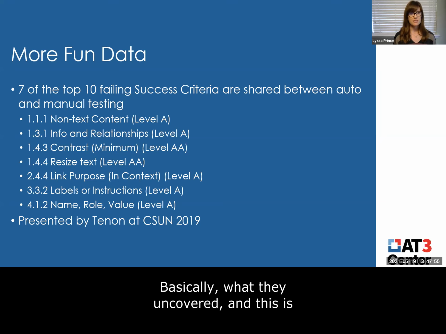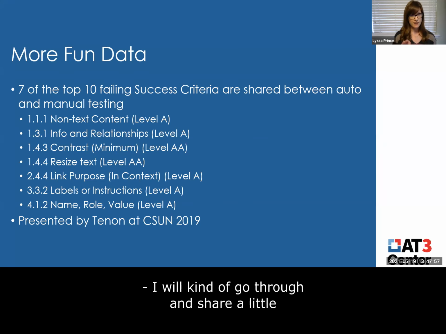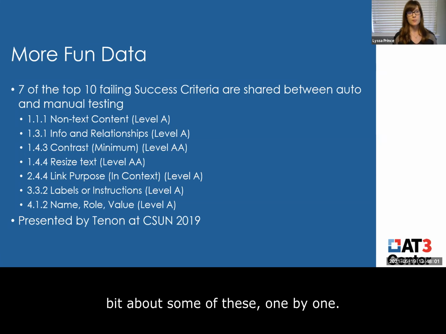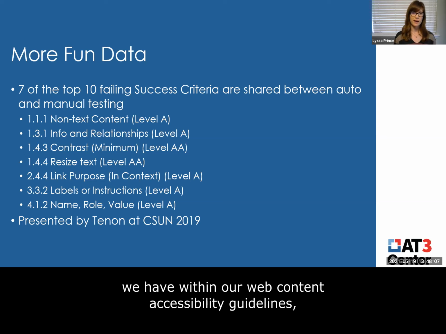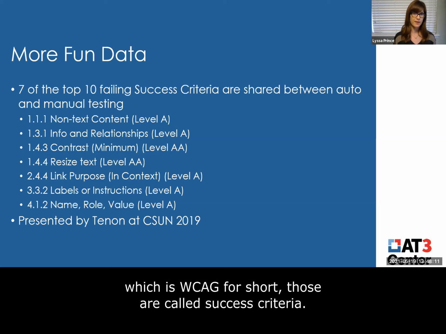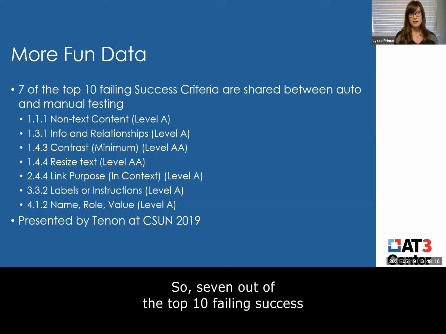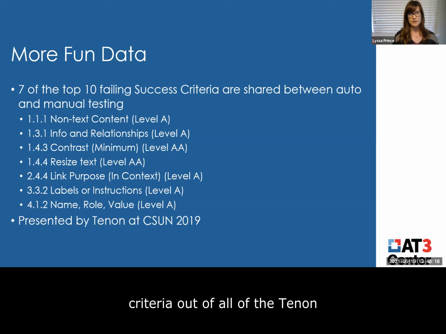Basically what they uncovered, and this is a more technical slide, and I'm sorry for that, is that out of all of the testable cases within our Web Content Accessibility Guidelines, which is WCAG for short, those are called success criteria, 7 out of the top 10 failing success criteria out of all of the Tenon audits they have done are shared between automatic and manual testing.